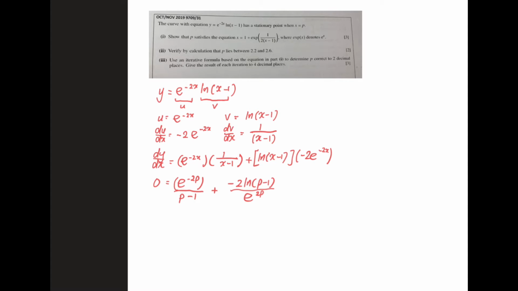Okay, so I have this now, and based on what they want us to show, let's bring this whole thing to the other side first. You realize that there is no more ln over here, so we need to get rid of ln at the same time.